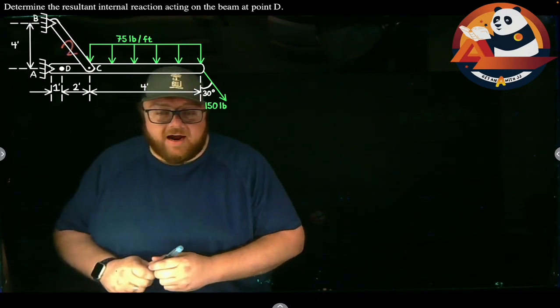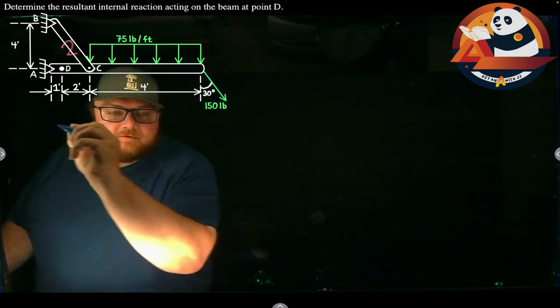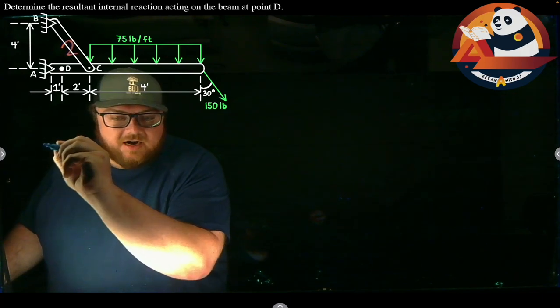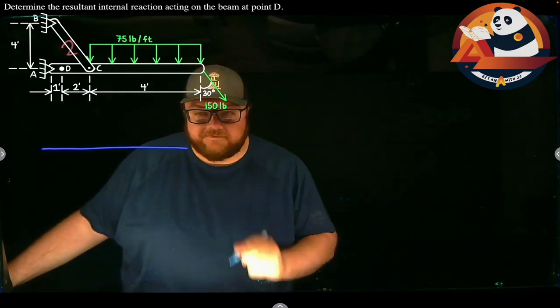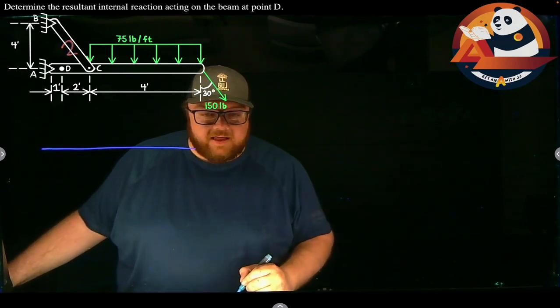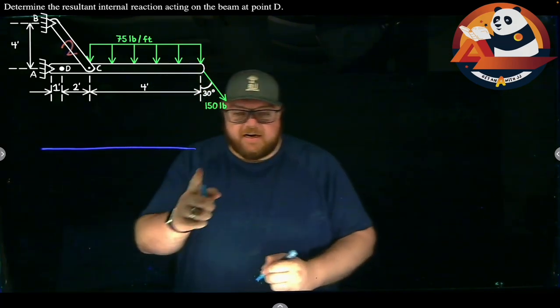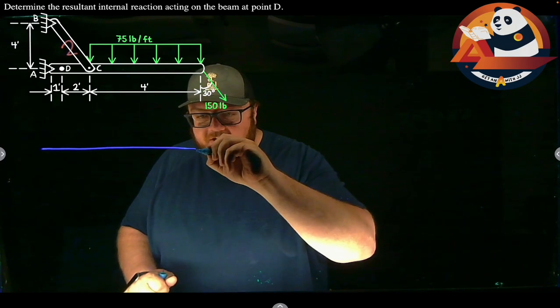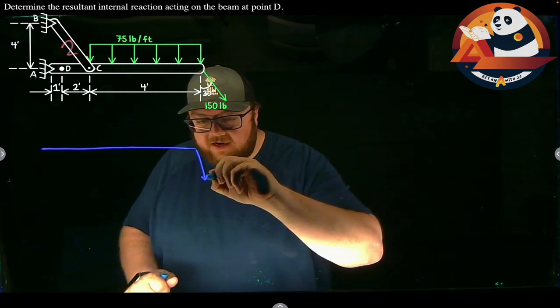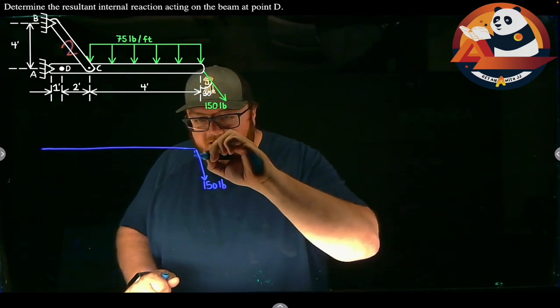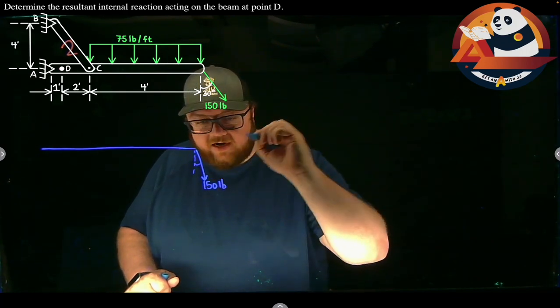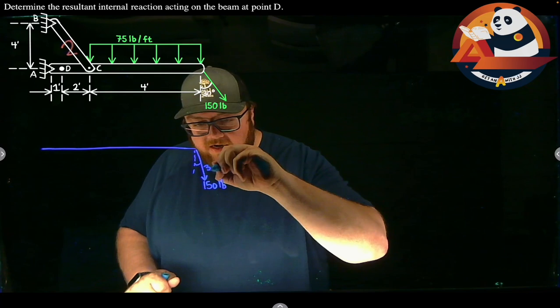Let's draw a free body diagram out. If I come down below, I can say, well, let's just draw our beam. Just a straight line going over. At the far right edge, I need to get in my force here, 150 pounds, going down and to the right, 150 pounds. And that's acting at a 30-degree angle. 30 degrees.